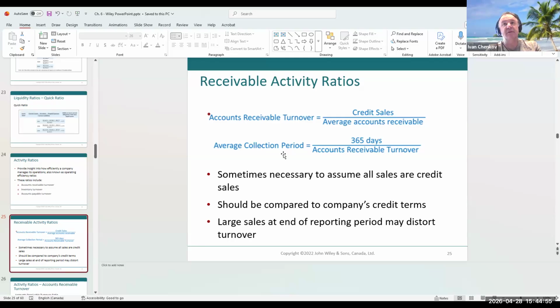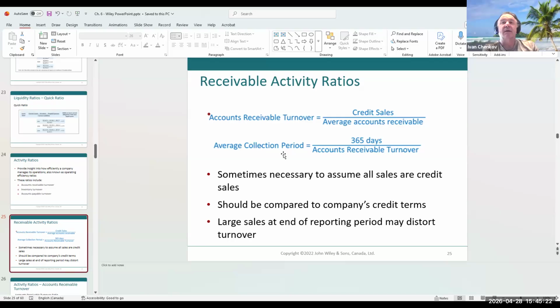Is that good for a company? Well, that's probably not good for the company. So where do we want this accounts receivable turnover to be? As high as possible. What's going to happen if the accounts receivable turnover is 365? Then our average collection period will be 1. 365 divided by 365 will be 1. What does that mean?